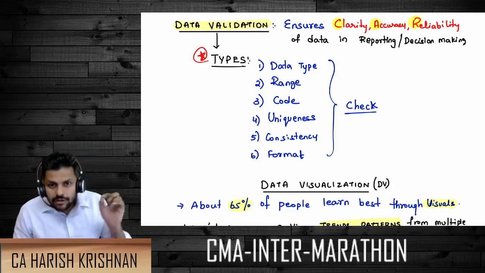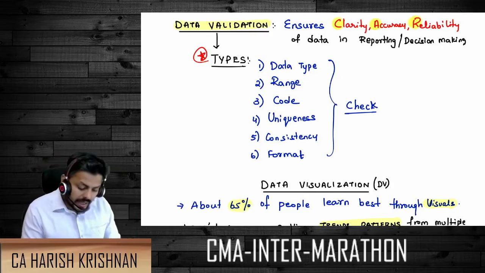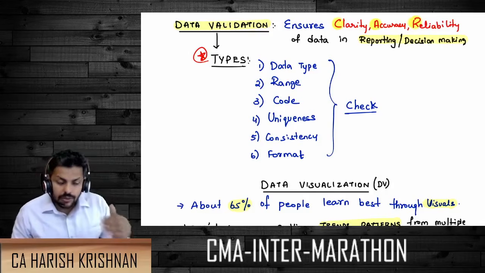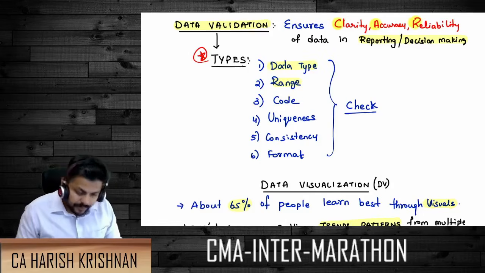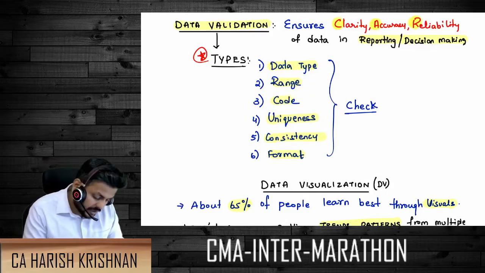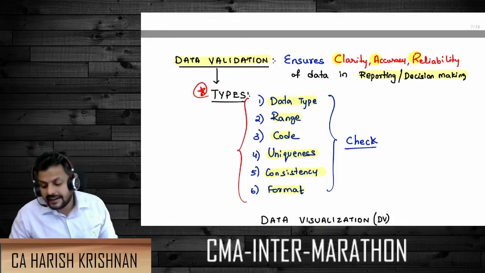That is, it ensures the clarity, accuracy, and reliability of the data in reporting or decision making. Remember, this has come in the exam as a question. This one you can see here. The data type check, range check, code check, uniqueness check, consistency check, and format check are the 6 types of checks that are done on data validation.